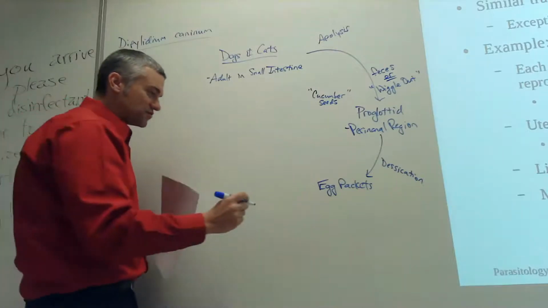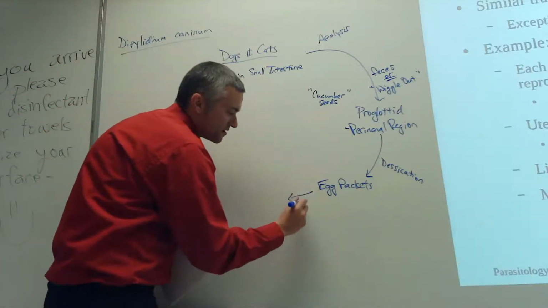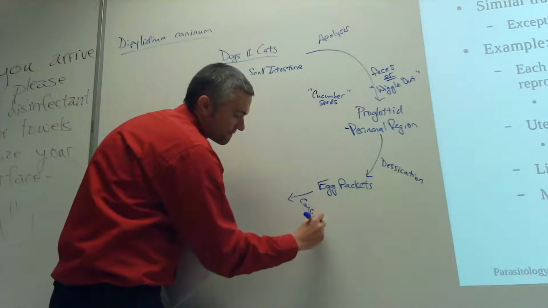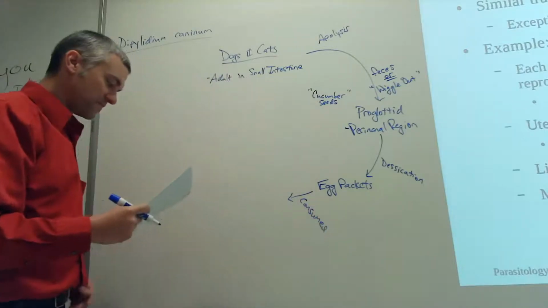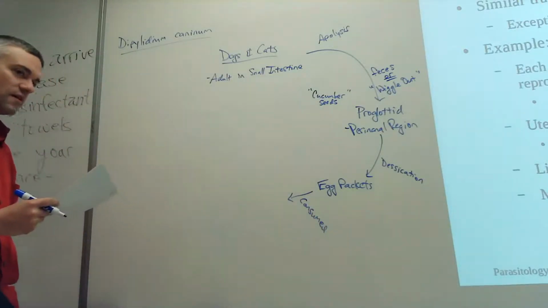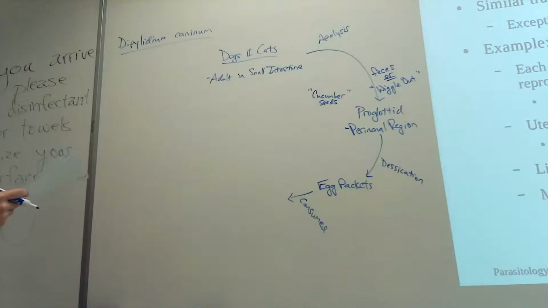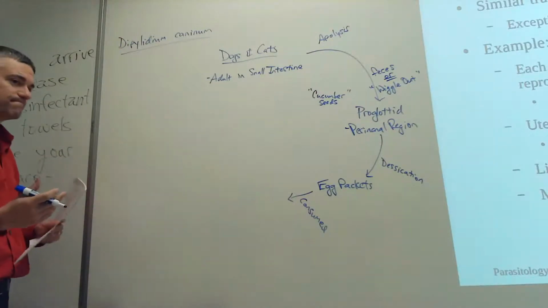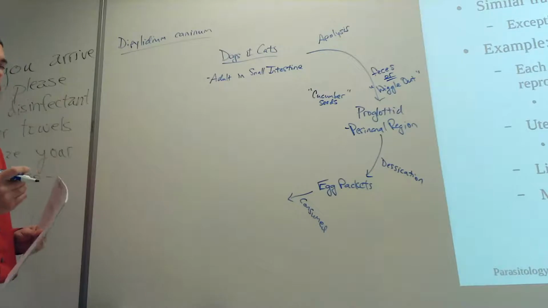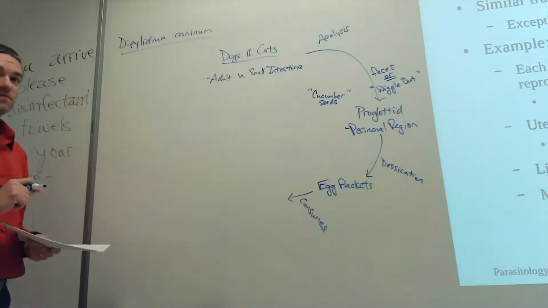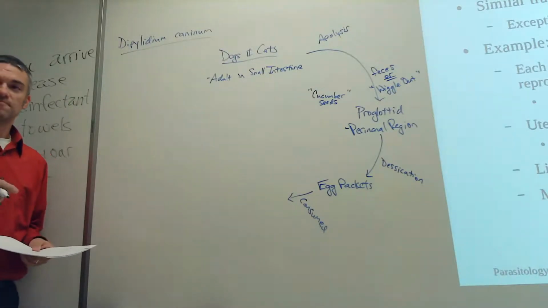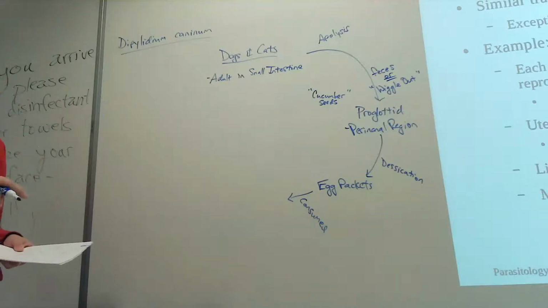These things get consumed by our host. All right. So our host in this case are fleas. But adult fleas feed on blood. Larval fleas feed on organic material.